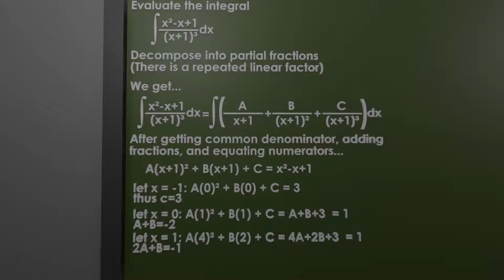But this time we're going to assume a number that makes the other terms zero, and the targeted coefficient will not become zero.